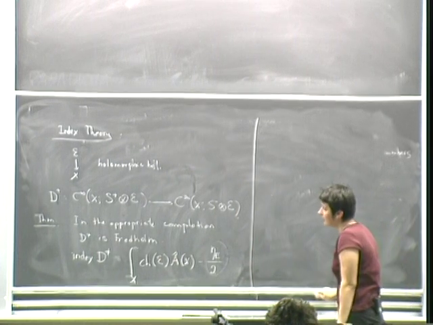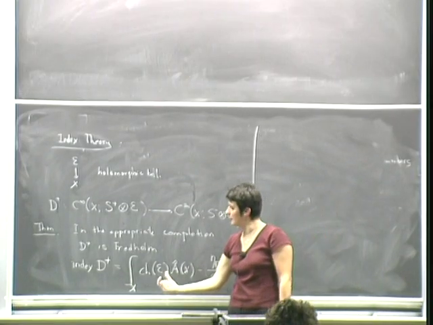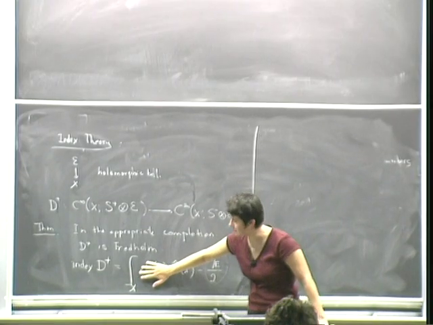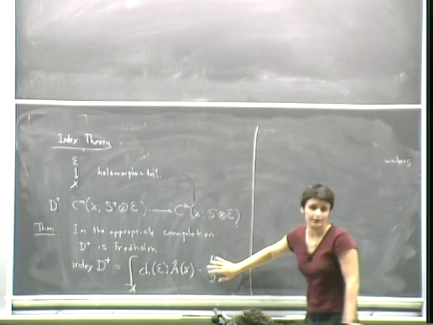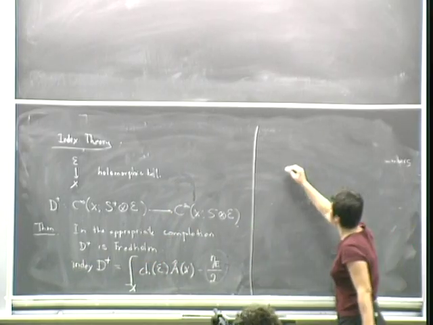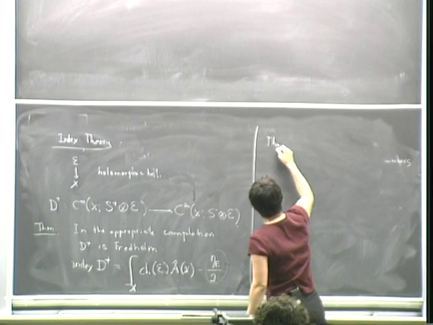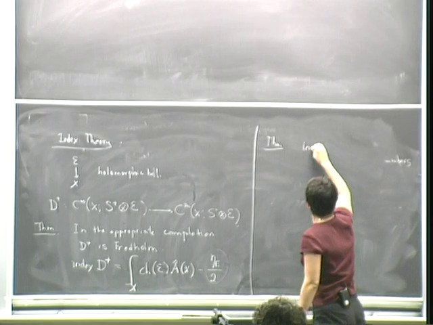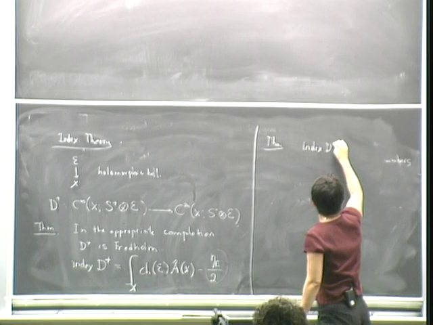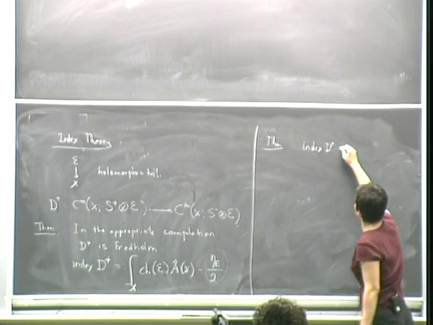But for this, if I want to use this formula, I need to understand the index and the eta invariant. And then another theorem, it's a vanishing result, which says that the index is actually 0.